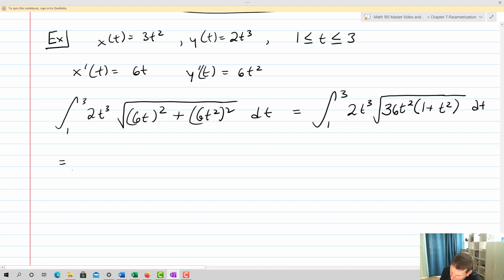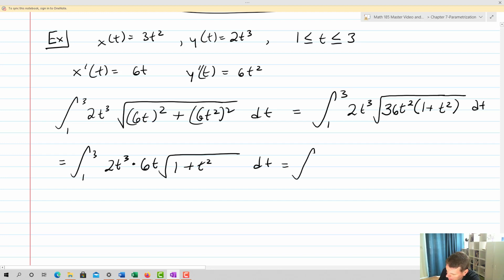So this will then equal the integral from 1 to 3 of 2t cubed times 6t times the square root of 1 plus t squared dt. And that'll then be the integral from 1 to 3 of 12t to the 4th times the square root of 1 plus t squared dt.